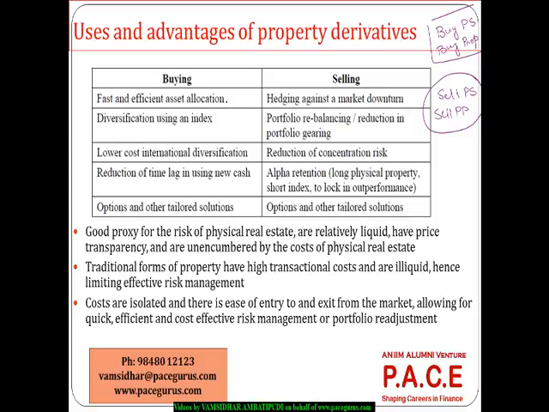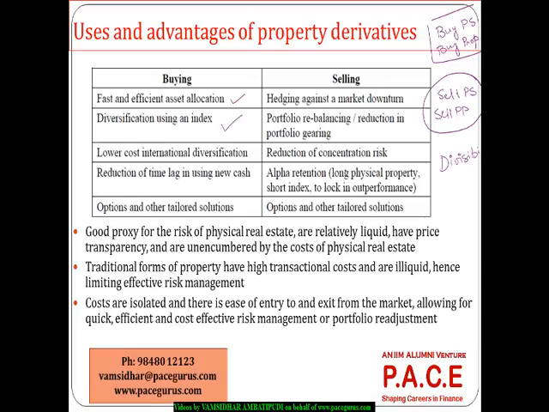First of all, from the buyer's perspective, it's a fast and efficient asset allocation because I'm not physically owning anything. So the documentation and a lot of other things are very minimal. I can have divisibility in the units. I don't need to own a full-fledged property; even a part of it can be owned.